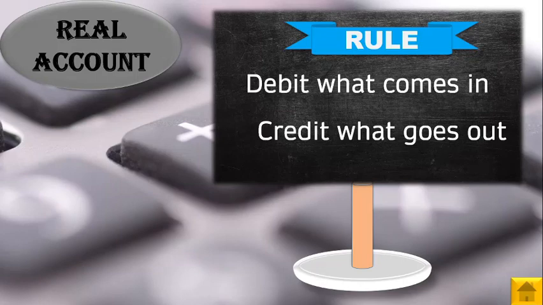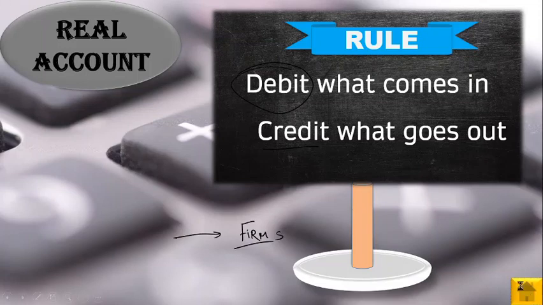Now if I am talking about real account, I am talking about fixed assets, machineries or intangible assets, goodwill. If it comes into the business, again from the firm's point of view, if it is entering into the business, debit that account. If it is going out, if you're selling your assets, it will be credited. If you're purchasing the assets, it is debited. As simple as that.